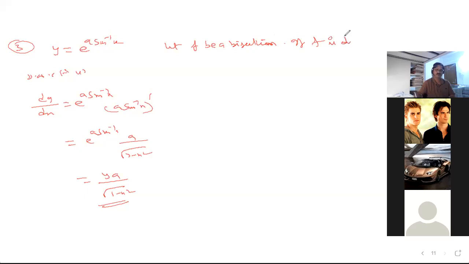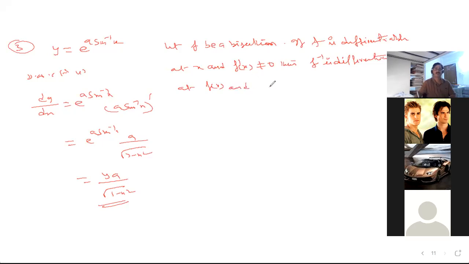If f is differentiable at x and f dash x, remember, f dash should not be equal to 0, then f inverse is also differentiable at f of x.